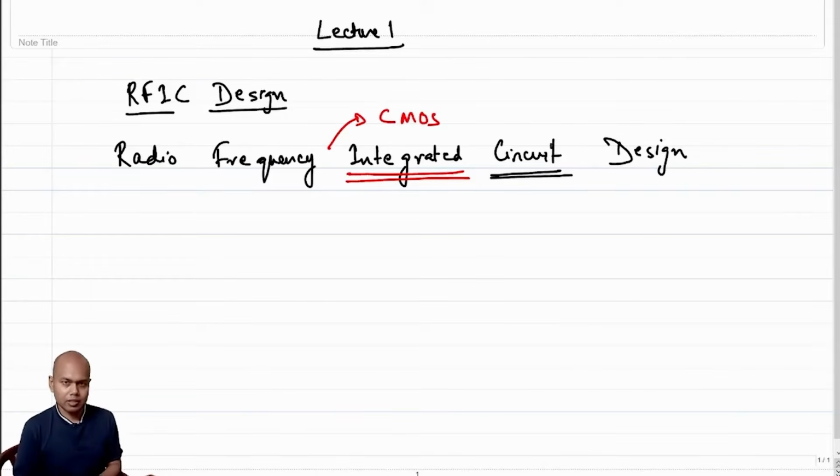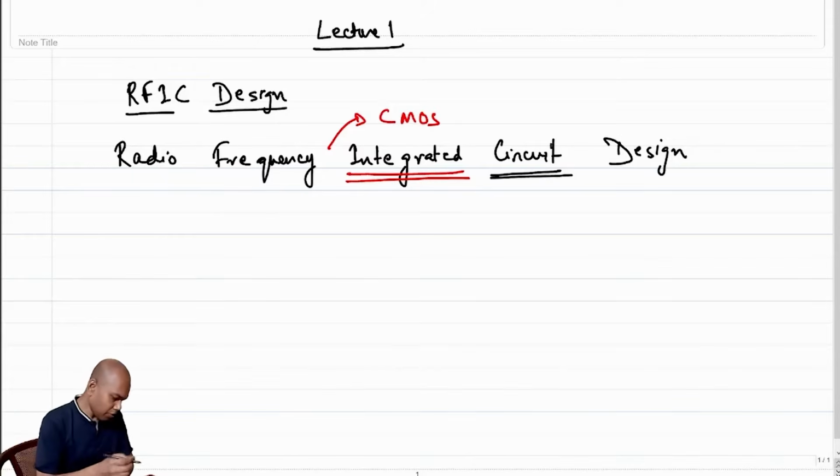Having said that, the concepts that we will be going through in this course will be ubiquitous, right? The concepts can be used for BJT based circuits, or tomorrow if you want to make the same designs in FinFET, these concepts will be useful in those type of circuits as well.